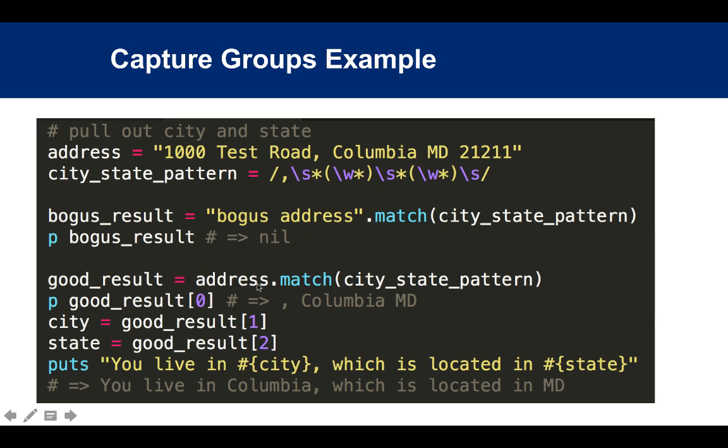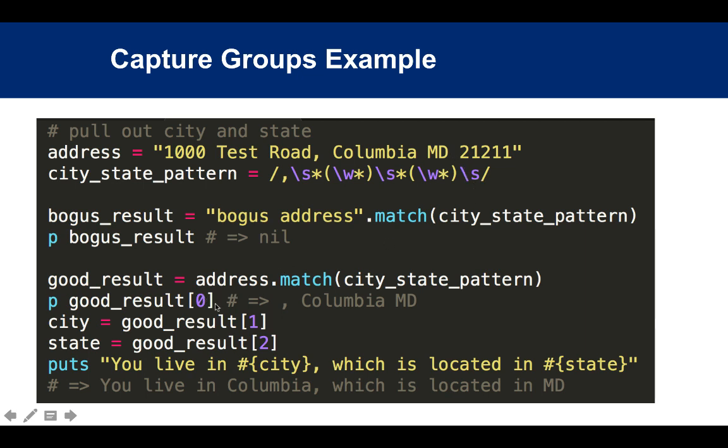But let's say you have a real address that you call match on with a city-state pattern, that actually would match because basically you have a comma right here, then a space, then Columbia, which matches this \W, and then more spaces, and then MD, which is the state, followed by a space.